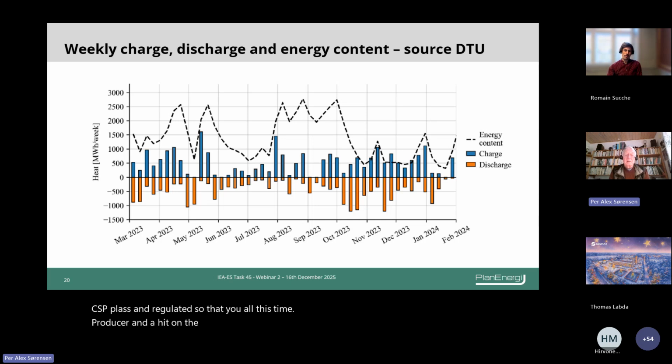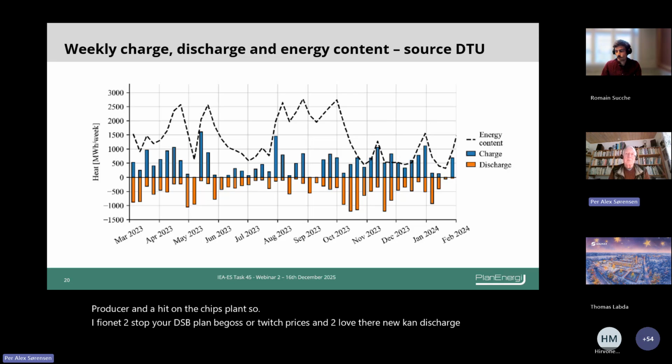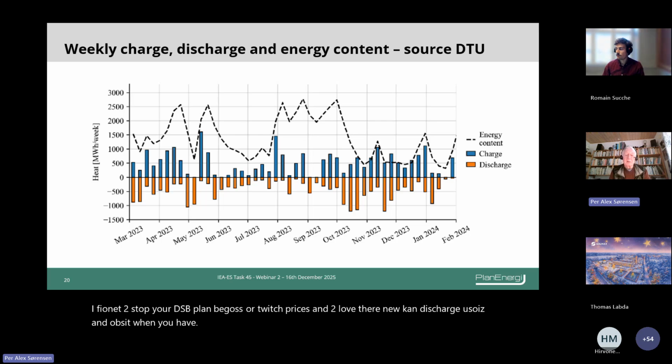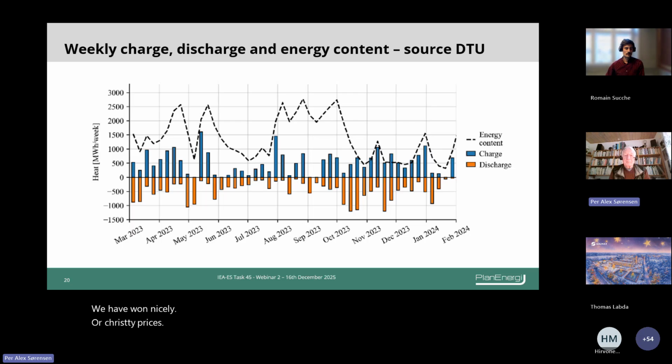So if you need to stop your CSP plant because electricity prices are too low, then you can discharge the storage, and opposite when you have nice electricity prices. So we are decoupling actually CSP plants from the heating system, and in this way providing flexibility.